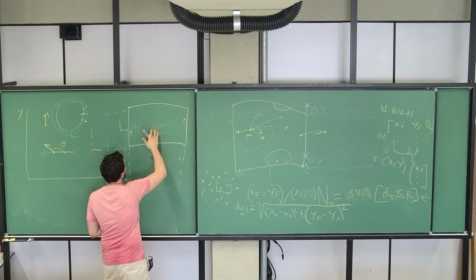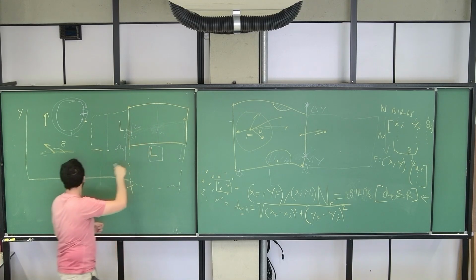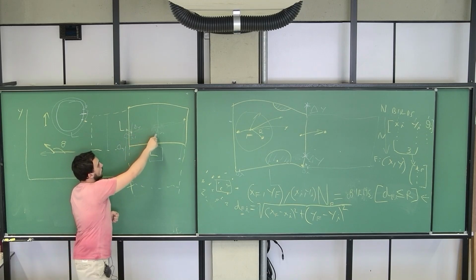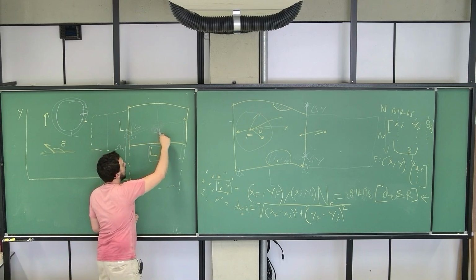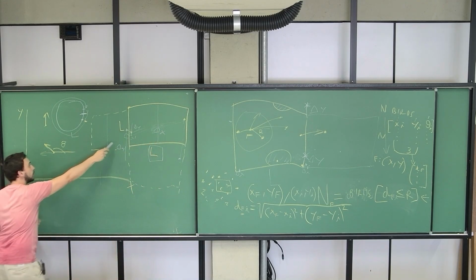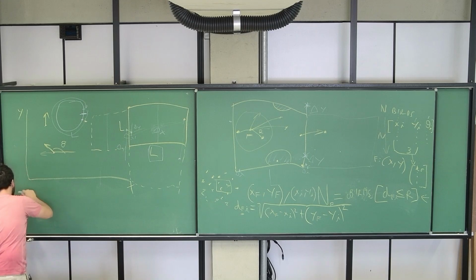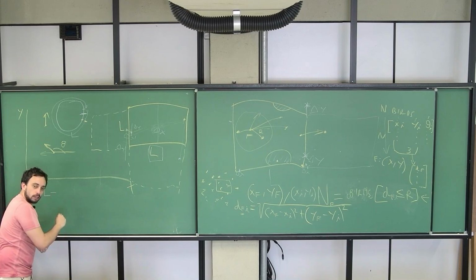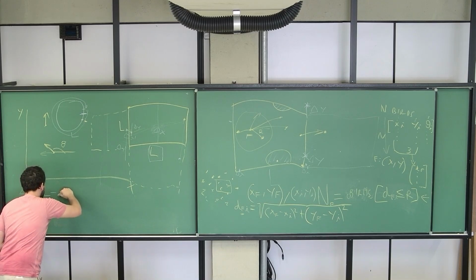Basically, let me keep considering this example because I think it's the simplest one. You have this delta x, and this delta x prime that I drew here is going to be L minus delta x.